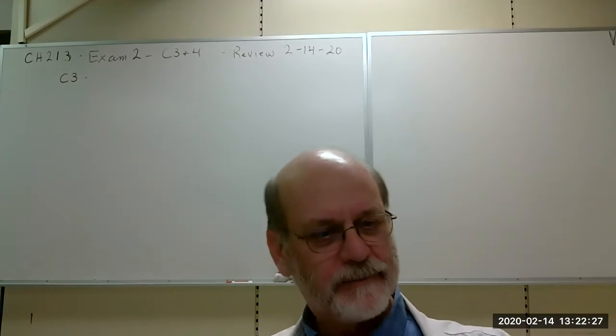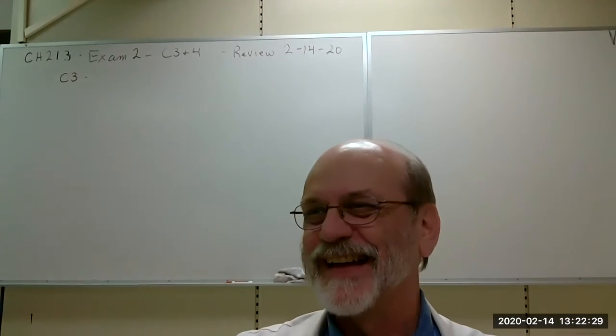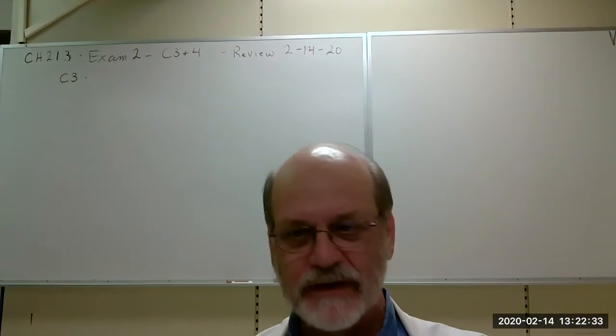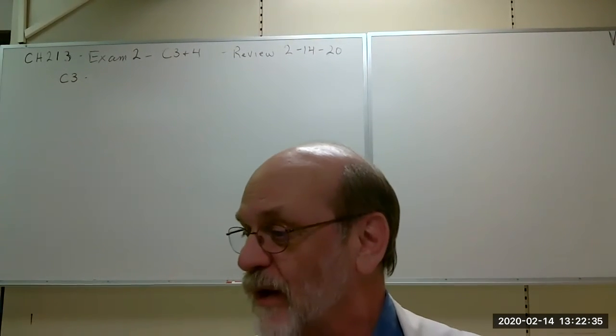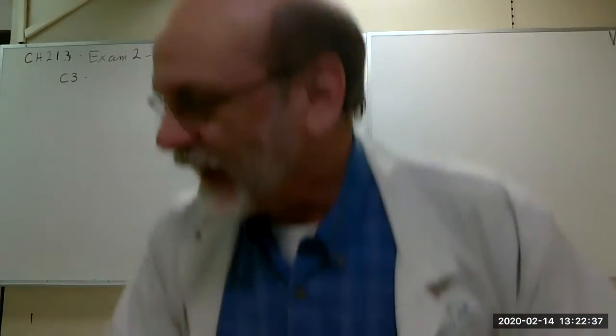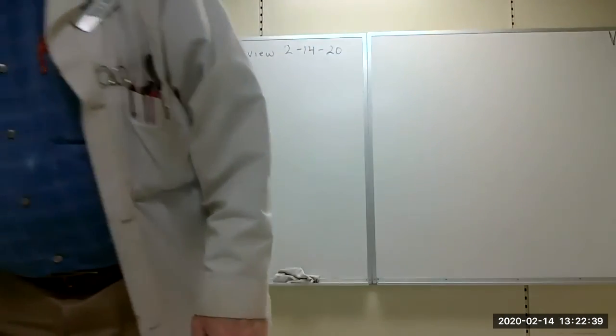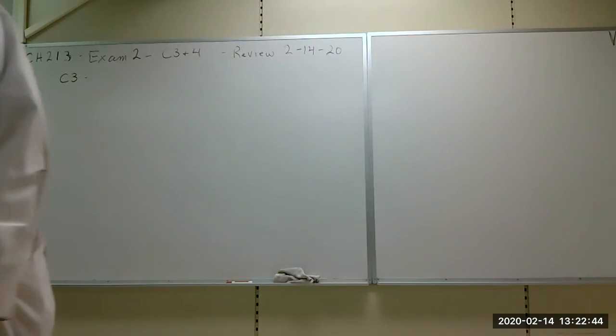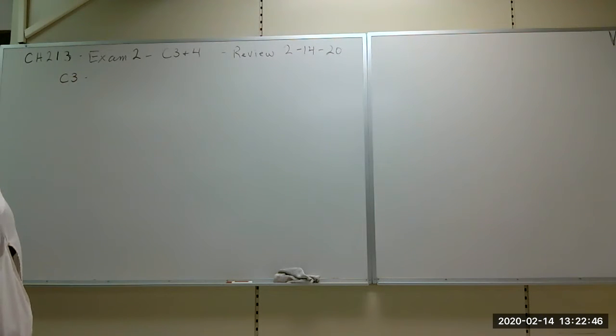Should I go back and do them again? My apologies to those viewing this video. We've already gone through problem 1 and problem 17 in chapters, both in chapter 3.